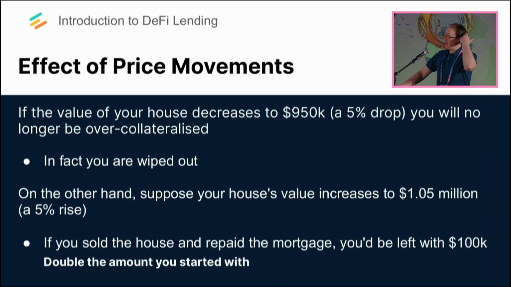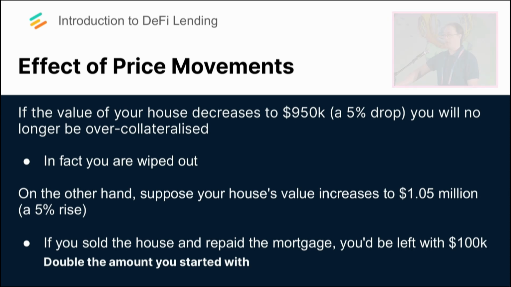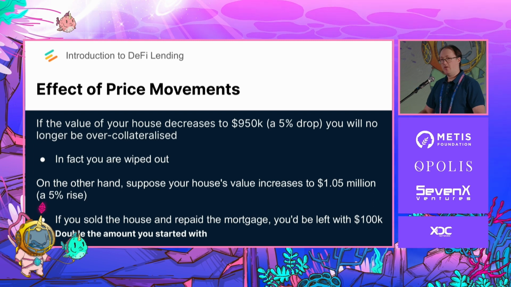But let's examine what happens if the price of your house changes. Remember, it started at $1 million. Let's say the value drops to $950,000. That's a 5% drop. Then you will no longer be over-collateralized, because if you look at the columns, the debt and asset values will be identical. You're wiped out, in fact, because if you sold your house and repaid your loan, you'd end up with nothing, losing your down payment.